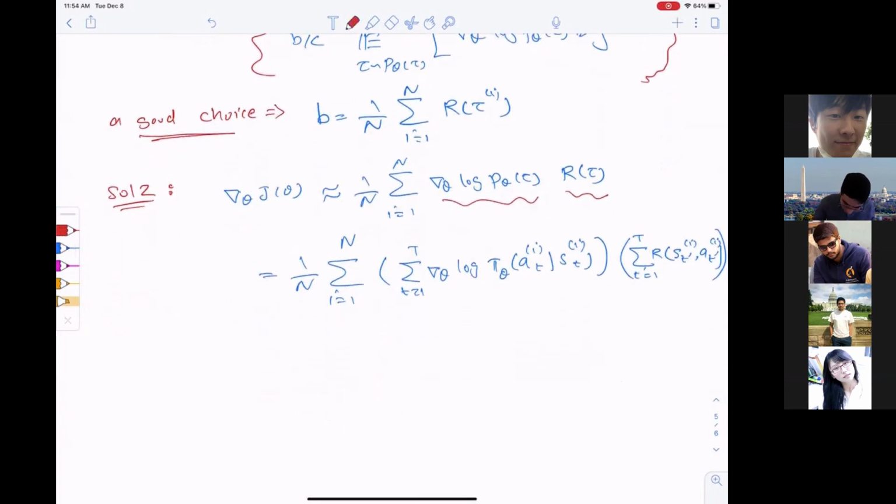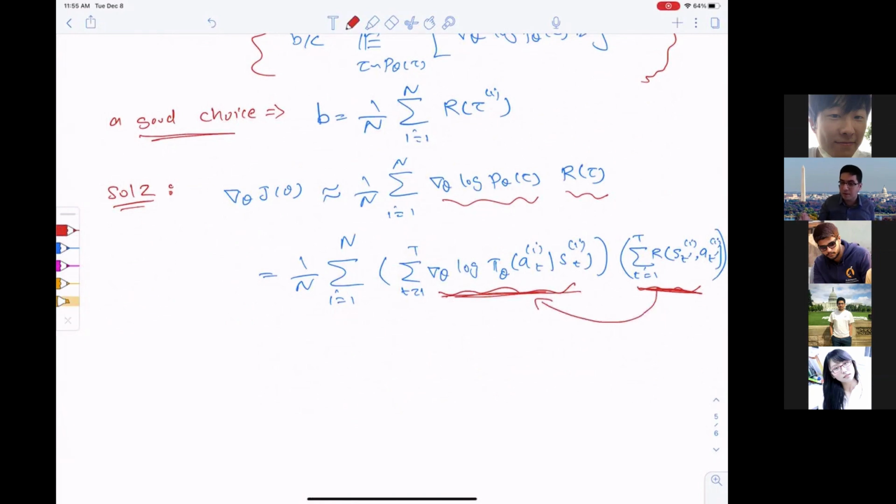Okay, so this is a scalar, this is a number, and these are vectors, right? So it's a gradient with respect to theta. The size of this vector is going to be the same as the size of my model parameters. So here I'm going to multiply this scalar with each of these t vectors and then sum them up. Here I sum up these t vectors and then I multiply with this number.